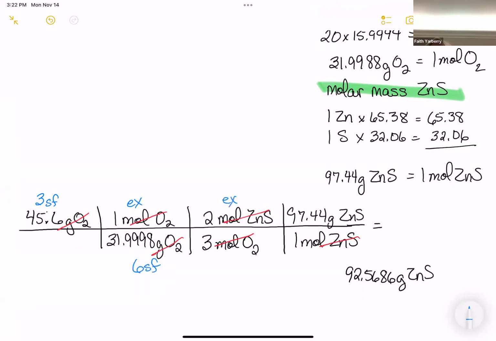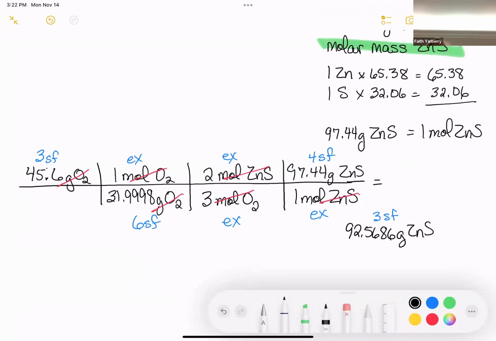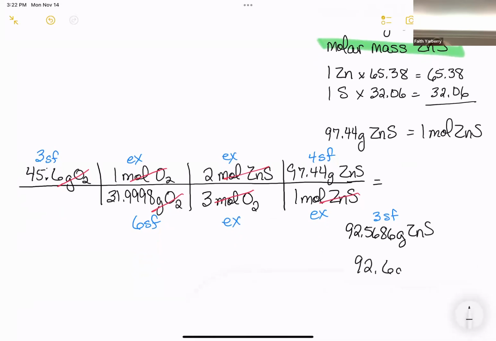Mole to mole ratios are exact numbers. The molar mass for zinc sulfide, the mass portion had 4 significant digits and the mole portion was an exact number. So the one with the fewest was 3 significant digits. So our answer should have 3 significant digits. So we should record this answer as 92.6 grams of zinc sulfide.